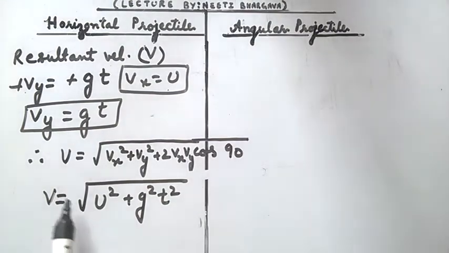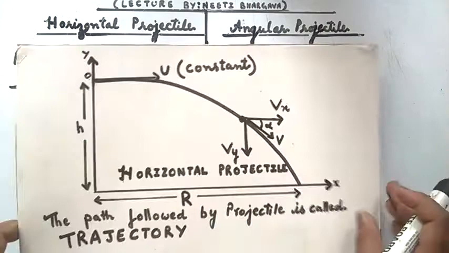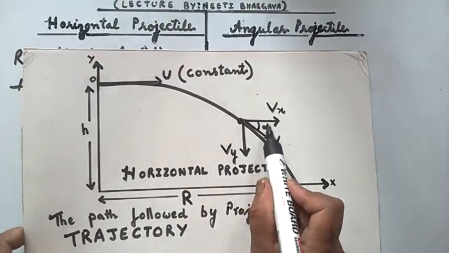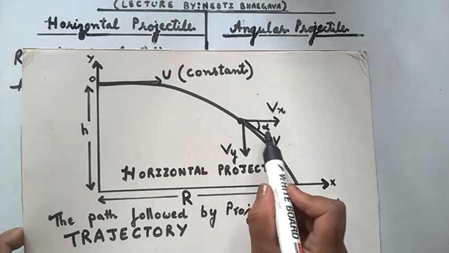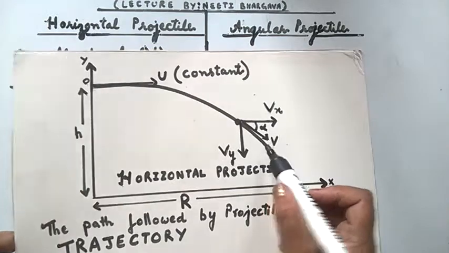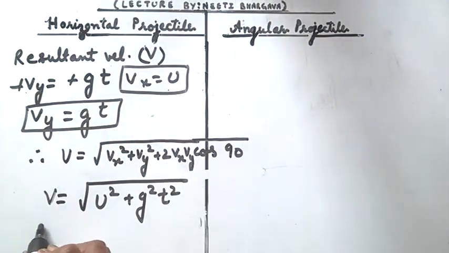And let this be the angle alpha, that is the angle with the horizontal is alpha. Therefore, direction of resultant velocity is tan alpha, and it is equivalent to b sine theta upon a plus b cos theta.